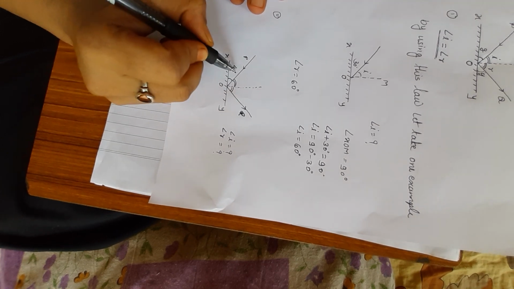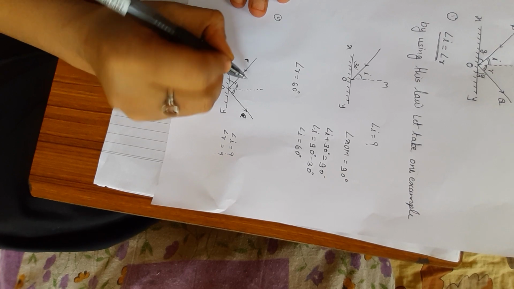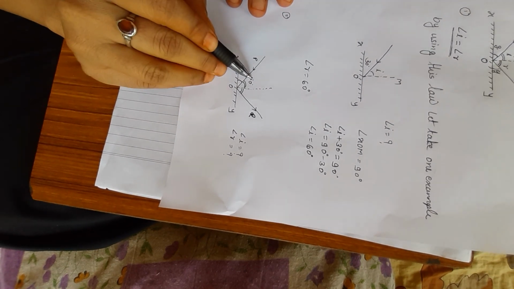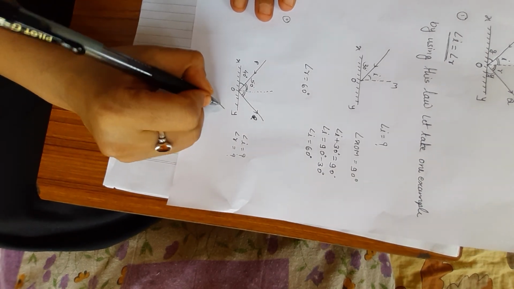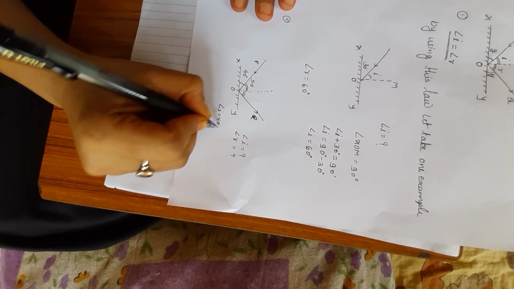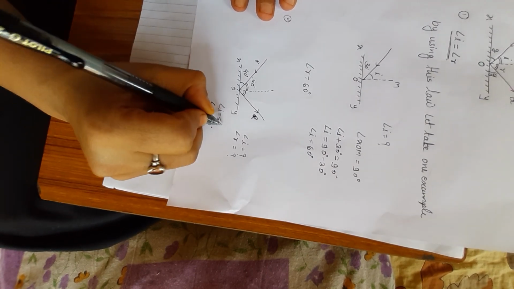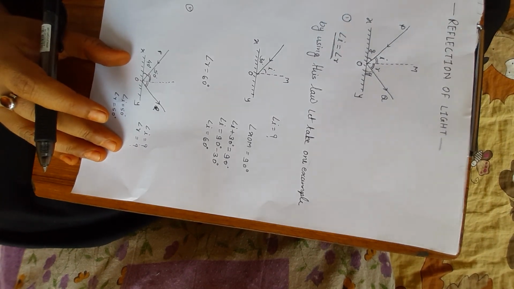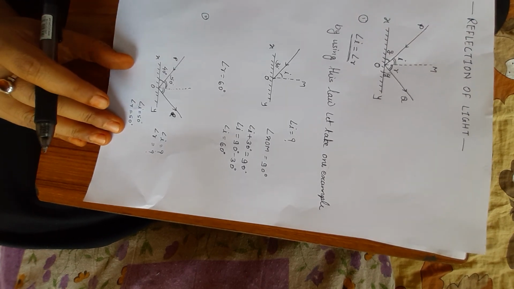Therefore, here the angle is, what is the angle? Here it is 50 degrees, right? 40 plus 50 is 90. If i is 50 degrees, obviously r is also 50 degrees. This is all about the reflection of light from a reflecting surface. Thank you.